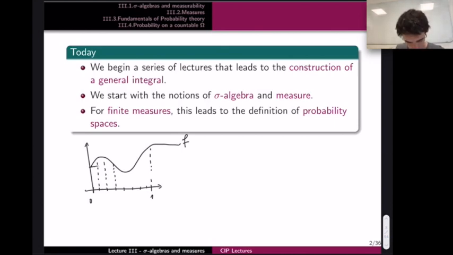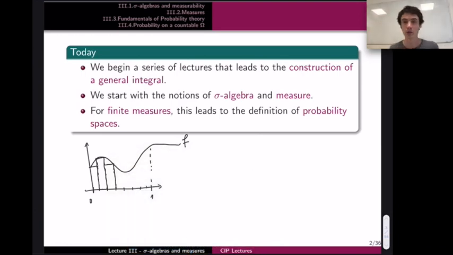So for instance, there is this one. Okay, that's the first rectangle. Then I look at the value of f here, and that gives me a new rectangle here. And this is another rectangle here that is below the curve of f, and so on.